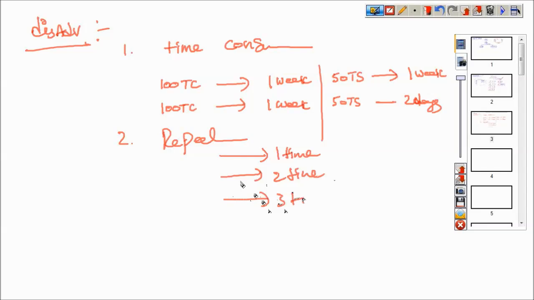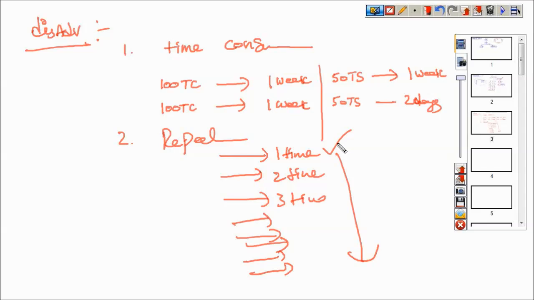The third time, fourth time, fifth time, sixth time, up to 10 times, manually we can't test with the same interest. Testing one functionality again and again is not possible with the same interest. This is one drawback of manual testing.